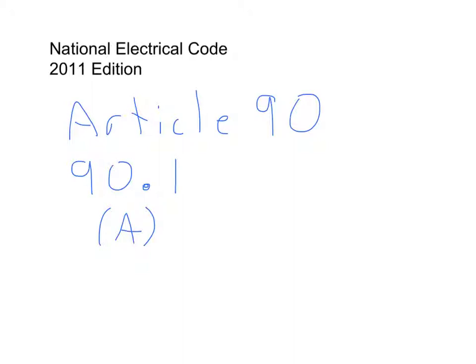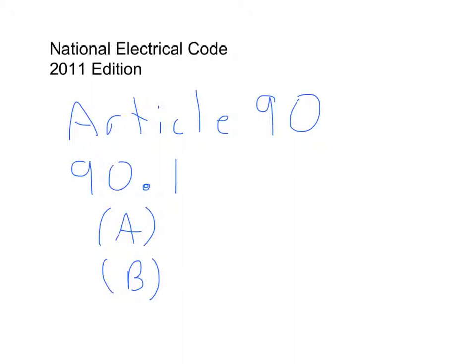Next, under Article 90.1, you'll see Part B, which is the adequacy of the code. And you can also read this. It says that the adequacy of this code contains provisions that are considered necessary for safety; compliance therewith, and proper maintenance, results in an installation that is essentially free from hazard.